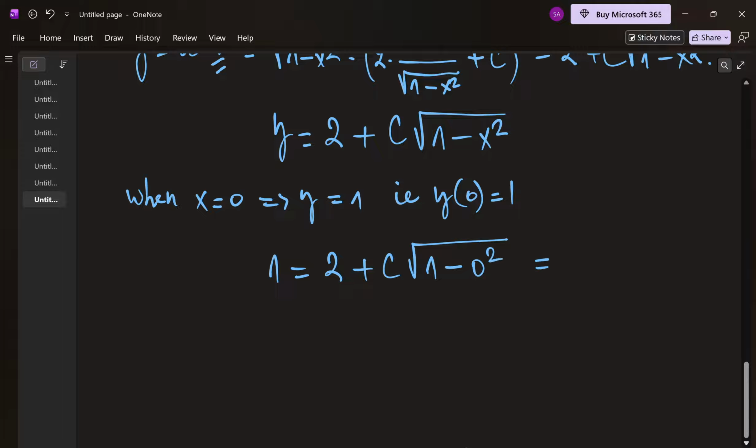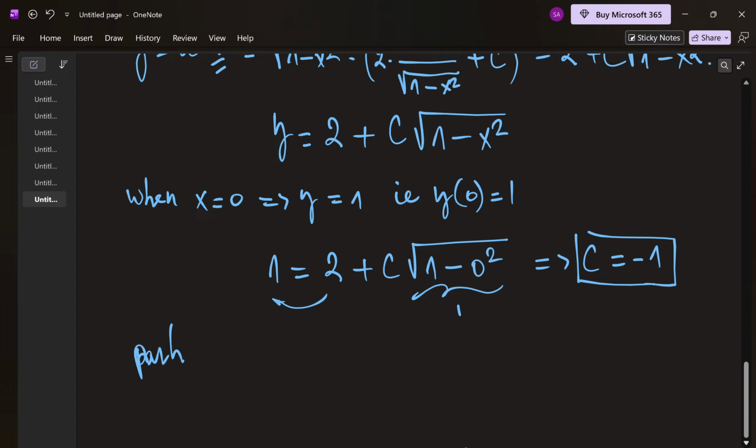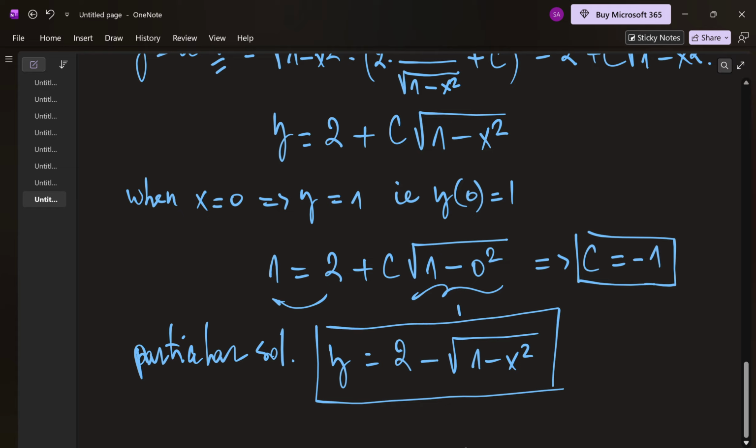And this will give you that c is, this is actually equals to 1. So you take 2 to the other side, it becomes 1 minus 2. So it is minus 1. And this is the particular solution. The solution is y is equal to 2 minus the square root of 1 minus x squared. Okay? So, is there any question before passing to the second one?